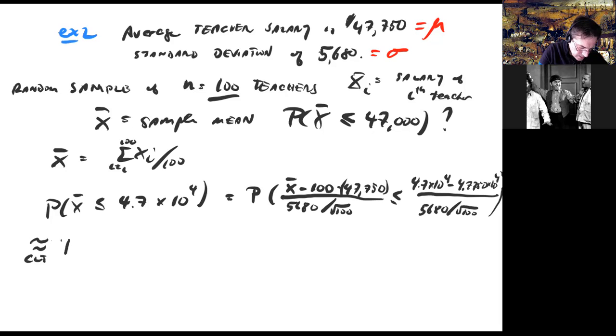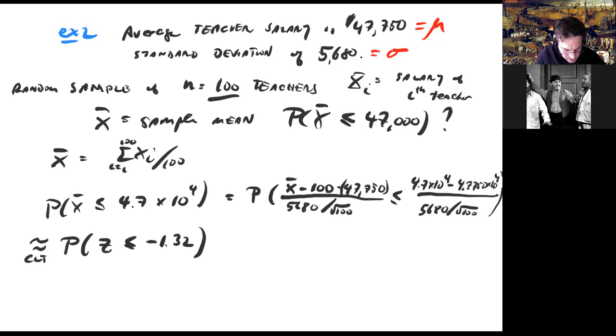According to the central limit theorem, it's approximately the same as the probability that the standard normal Z is less than or equal to what's on the right side here. If you do the computation, you should get negative 1.32. So that's 4.7 times 10 to the 4th minus 4.775 times 10 to the 4th, divided by 5680 divided by the square root of 100, which is negative 1.32.